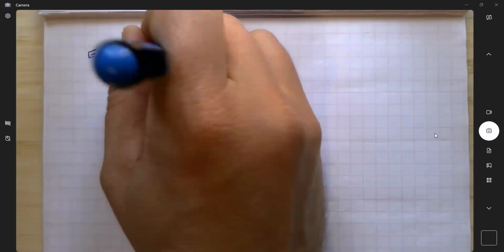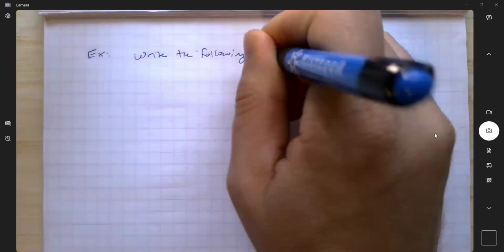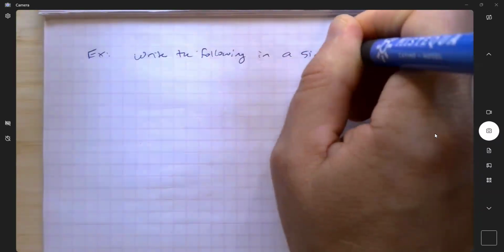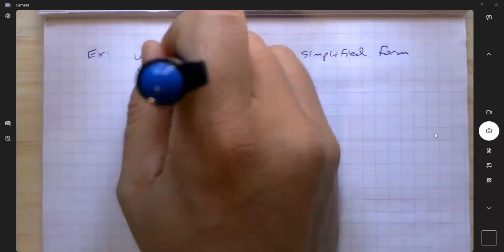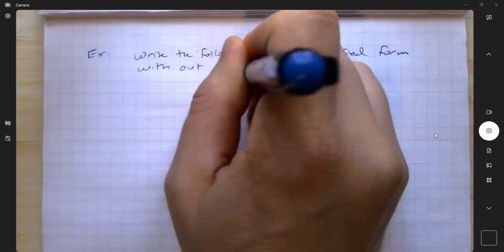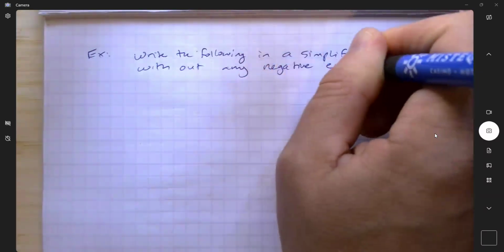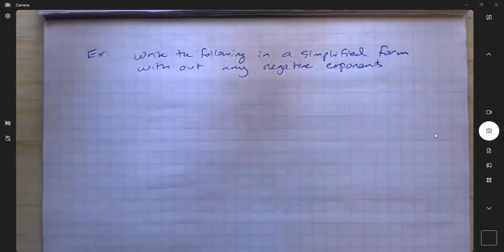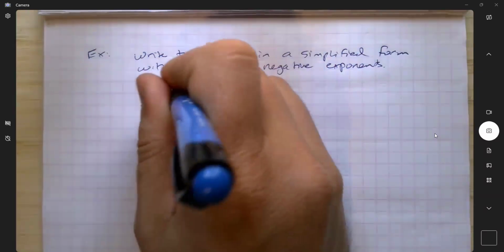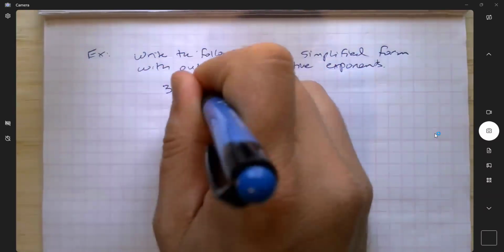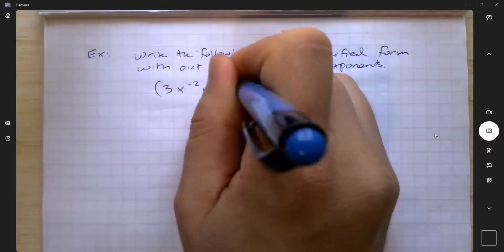I'm going to write the following in a simplified form without any negative exponents. Often we're like, I don't want to work with negative exponents. So let's take 3x to the -2 y to the 4th and raise it all to the -5.